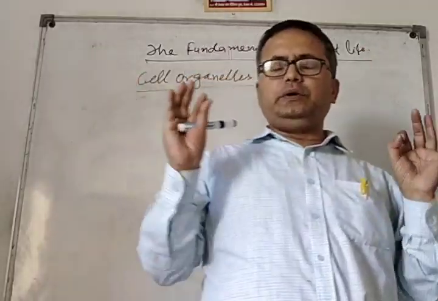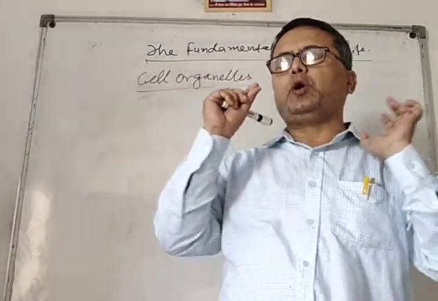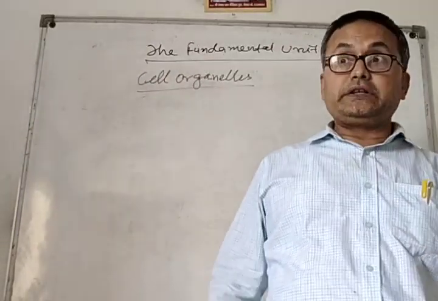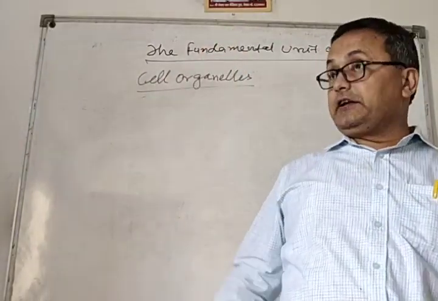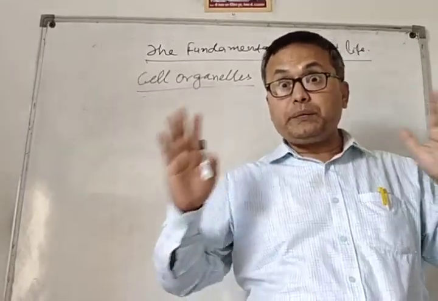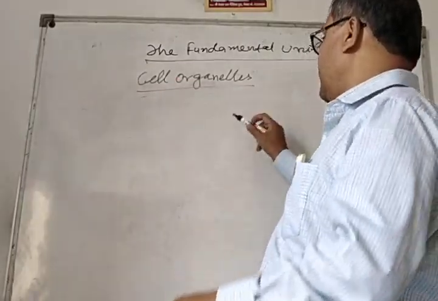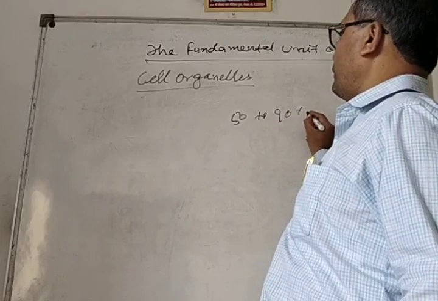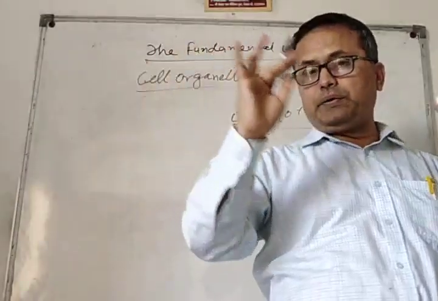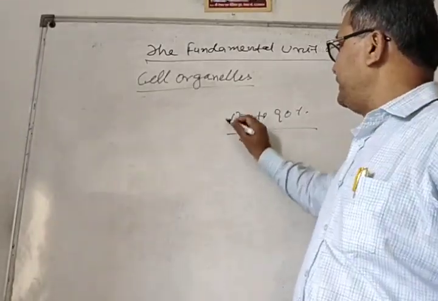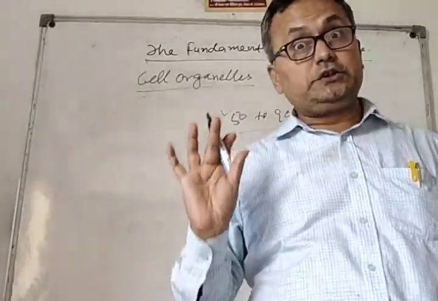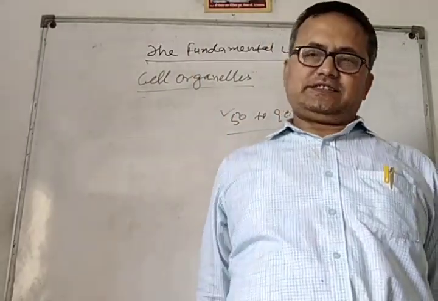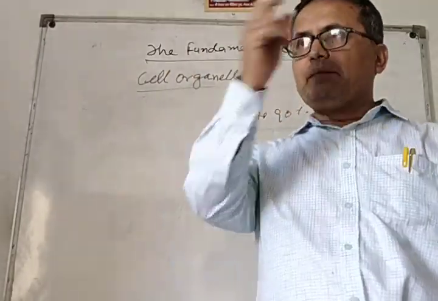But in an animal cell they are present in a small size, and in a plant cell they are present in a large size, and they occupy about 50 to 90% of the total volume of the cell in plant cells, and it consists of a single membrane.